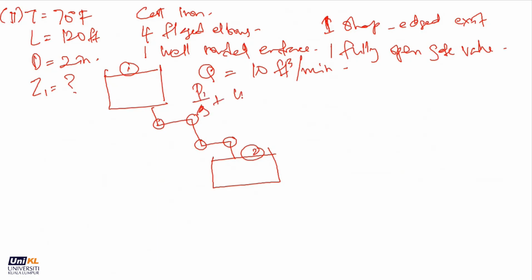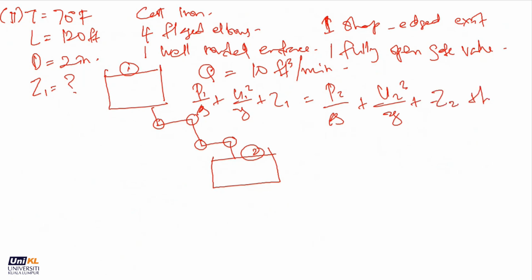P1 over rho G plus U1 square over 2G plus Z1 equals P2 over rho G plus U2 square over 2G plus Z2 plus HL. Okay, this one is zero because we set it as the datum. Because we have flanges, an exit, and a fully open gate valve, sharp exit, and well rounded entrance.